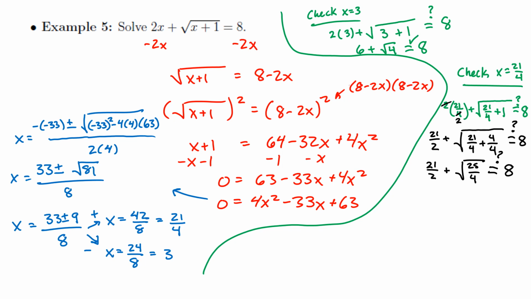Well, 25 and 4 are both perfect squares, so this will be 21 over 2 plus 5 over 2. Does that equal 8? Well, 26 over 2 does not equal 8. So what we find here is that x is equal to 3 is our only solution.